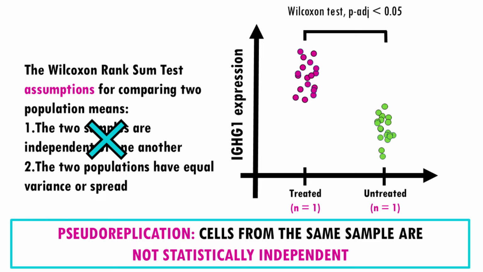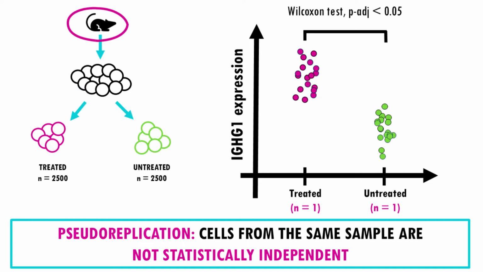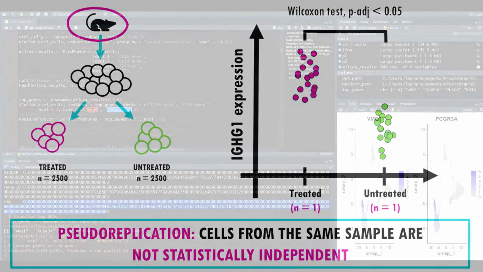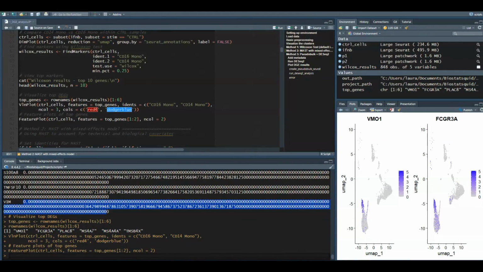They share genetic background, environmental exposures, and technical processing as well. That's what we call pseudo-replication, and it can lead to overconfident p-values and non-reproducible results across studies. So yeah, Wilcoxon tests will give you an idea of cell state markers, but it's not the best way to do differential gene expression analysis in single-cell RNA-seq datasets.